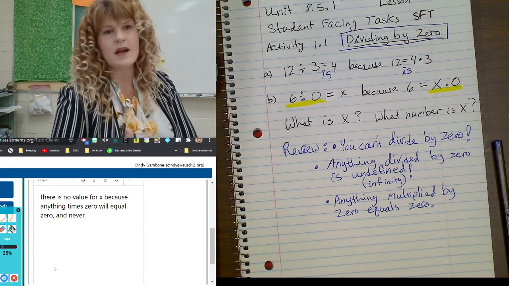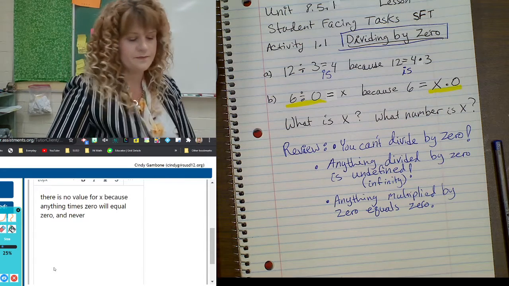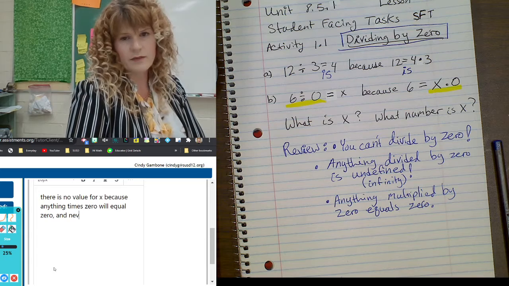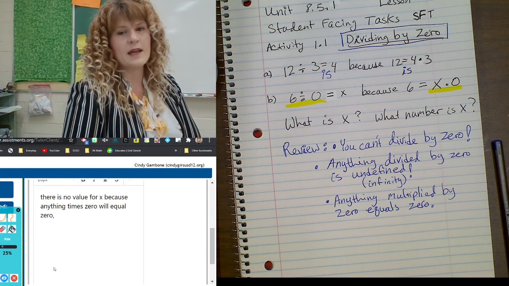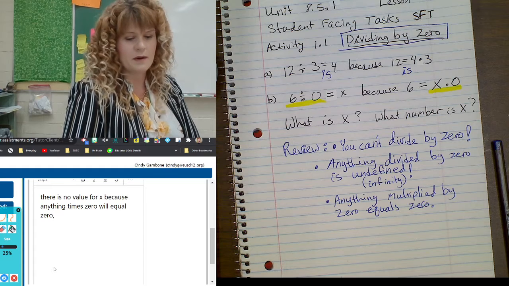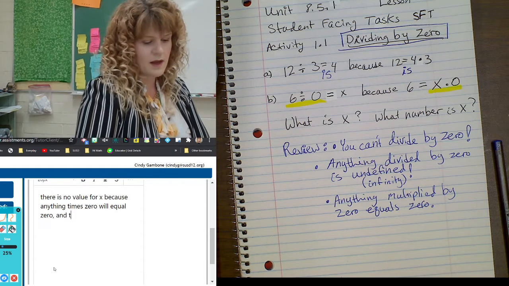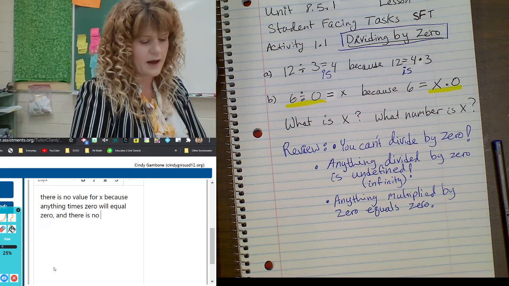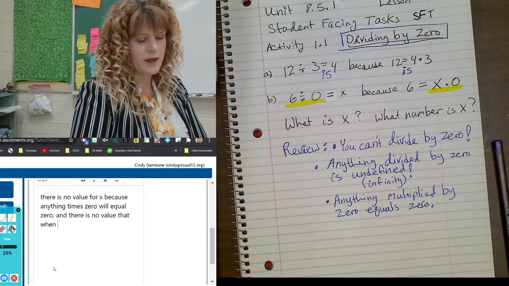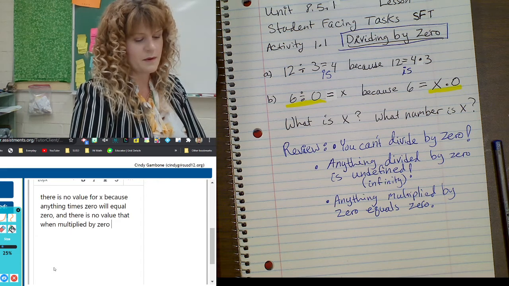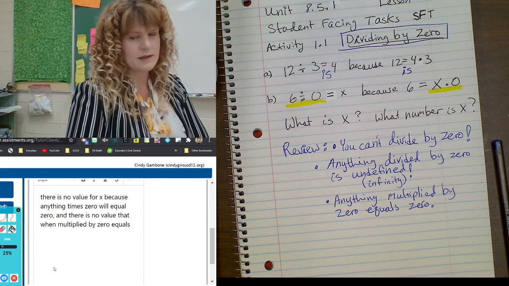There's nothing times 0 that ever equals 6. Let me write that better. There is no value for x because anything times 0 will equal 0. And there is no value that when multiplied by 0 equals 6.